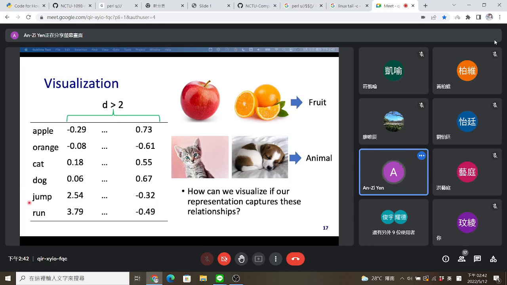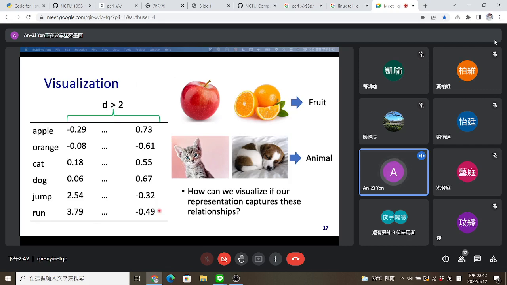And jump and run are related since they represent actions. We want to see if the relationship is captured by the representation of our words.